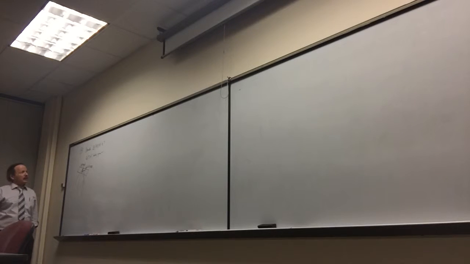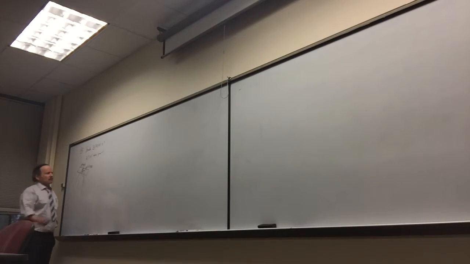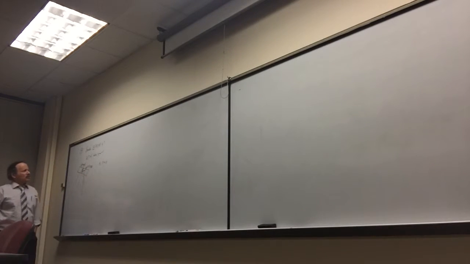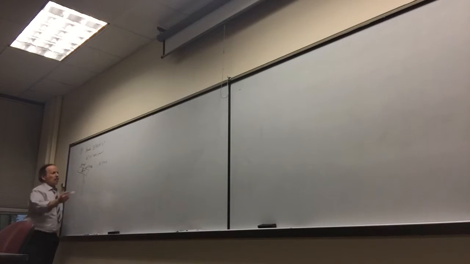What's a tangent plane? How do I get a tangent plane to something? What was the formula for a tangent plane? Normal dot r equals 0. That was the equation. So what was the point-normal form? z minus z naught equals, or x minus x naught. Okay.